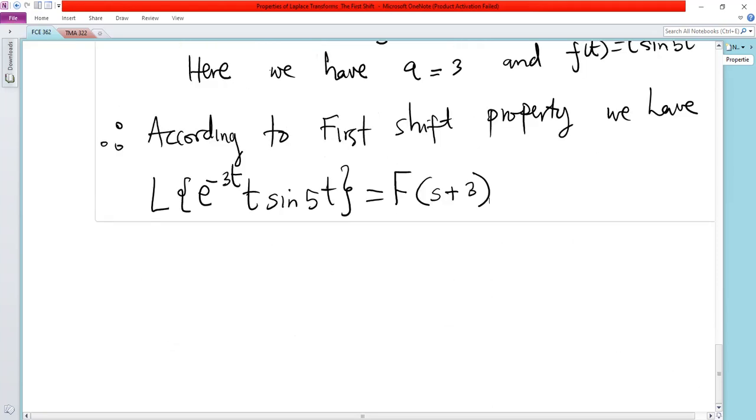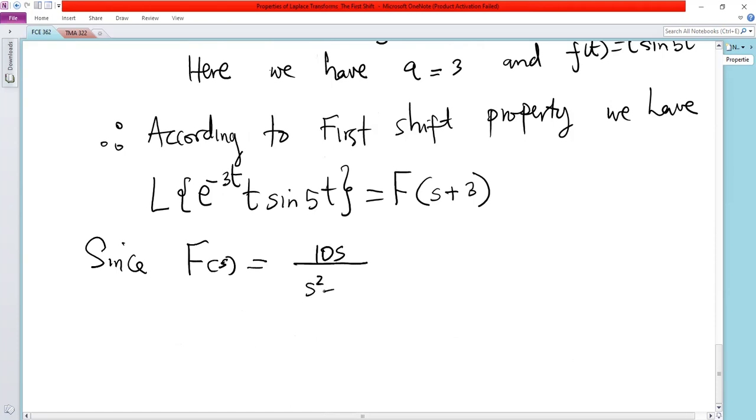Now from part A, since capital F of s is given by 10s over s squared plus 25, squared, then capital F of s plus 3 is simply where the role of s in this one will be taken by s plus 3.